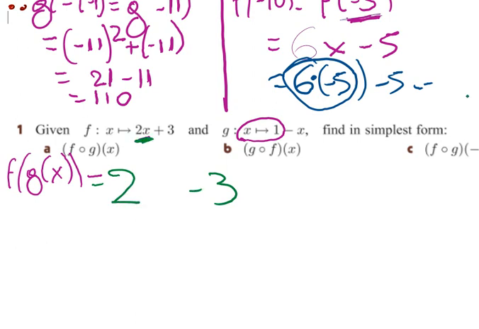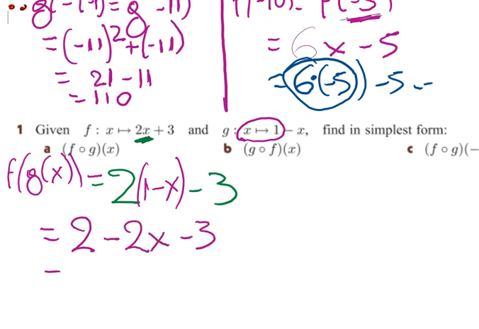And instead of x, I will put the equivalent here, 1 minus x. So this becomes 2 minus 2x minus 3. The answer will be minus 2x minus 3 plus 2 will be minus 1. This is our answer.